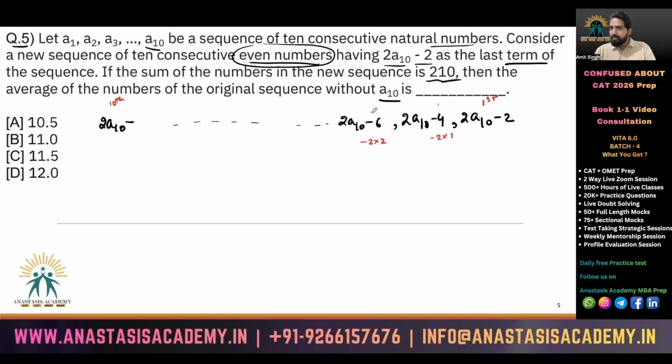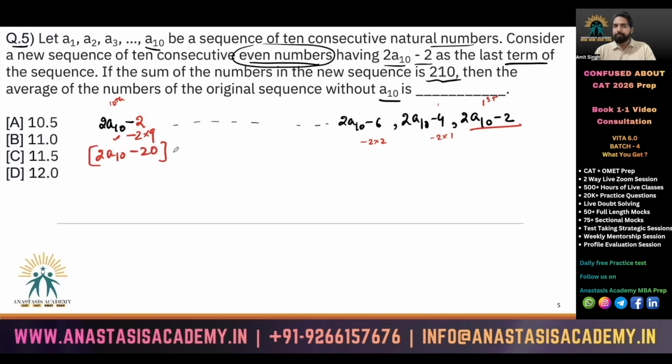If this is the first term, this is the second, this has to be the ninth, because overall this has to be the 10th. So this would be 2a10 minus 2 minus 2 into 9, and that would be minus 18. So the first term in this series would be 2a10 minus 20.